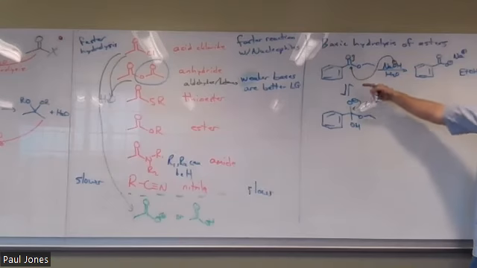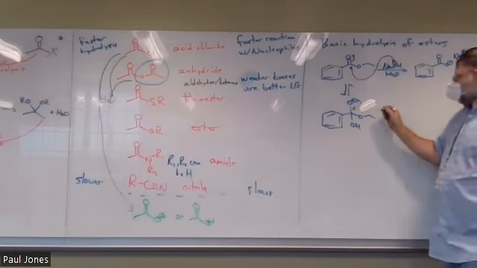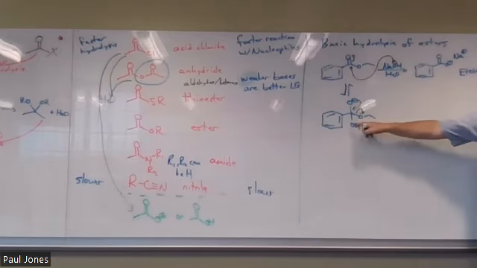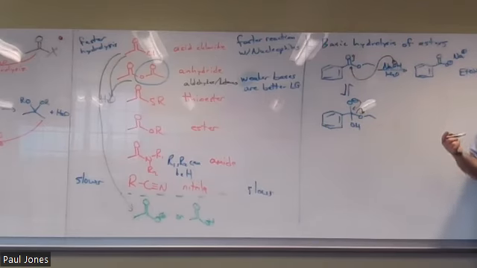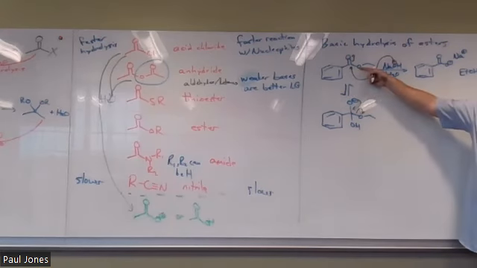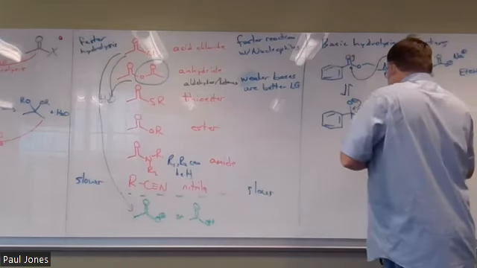This is an equilibrium. Hydroxide adds in, gets kicked out, adds back in. Something's going to have to drive this equilibrium. It can either be how stable the molecules are, or it can be another step at the end. In this case, it's that. So let's kick out what we want to be the leaving group. Ethoxide and hydroxide are roughly the same strength of base, so it's kind of a 50-50 shot which one gets kicked out. If hydroxide gets kicked out, we go back to the start and just go again. All right, so we kick out ethoxide.